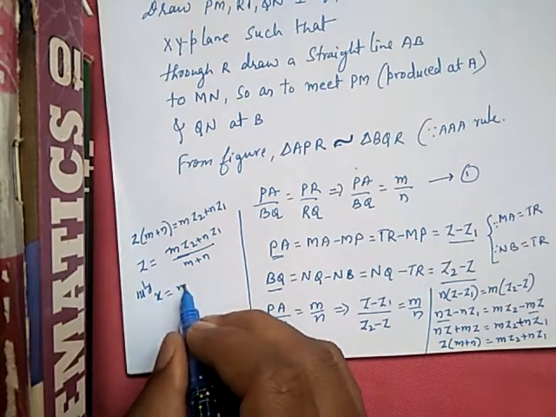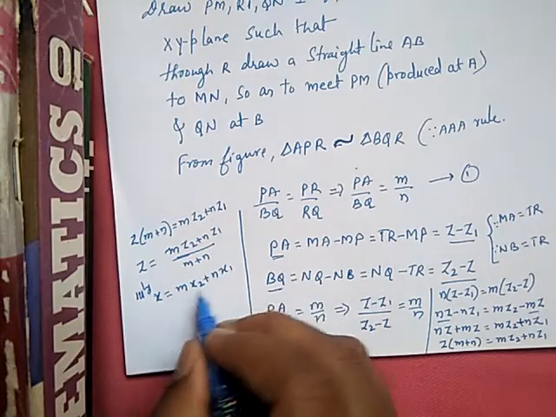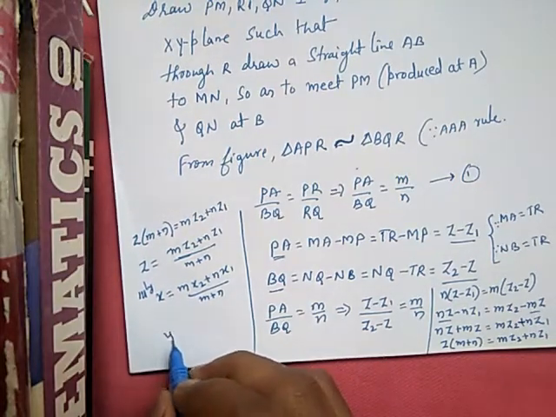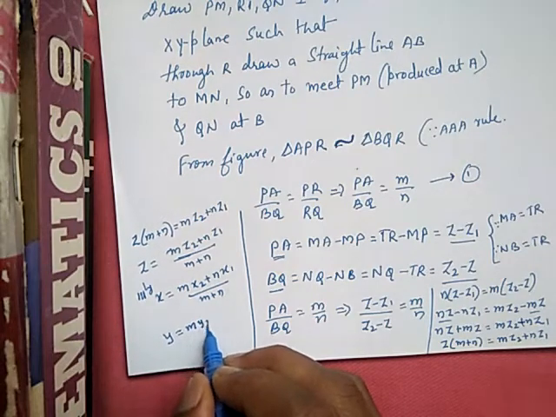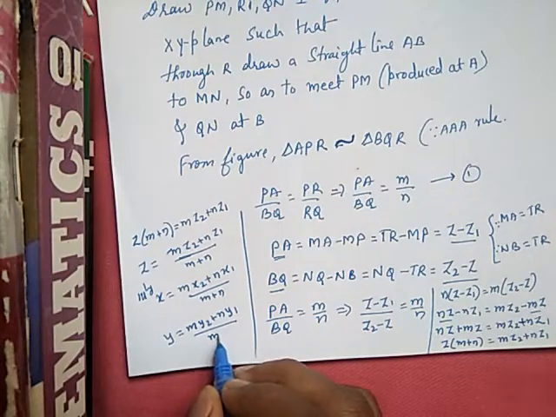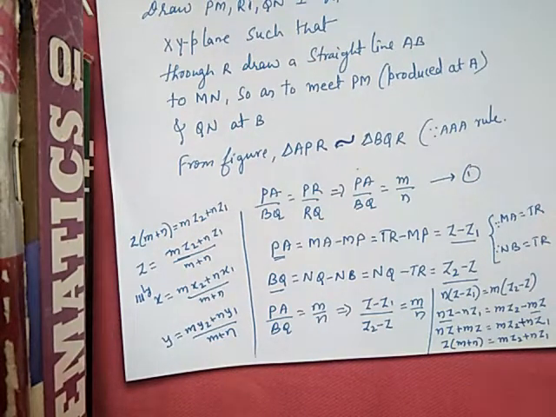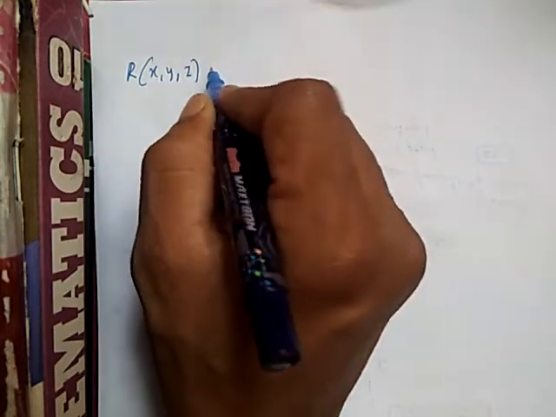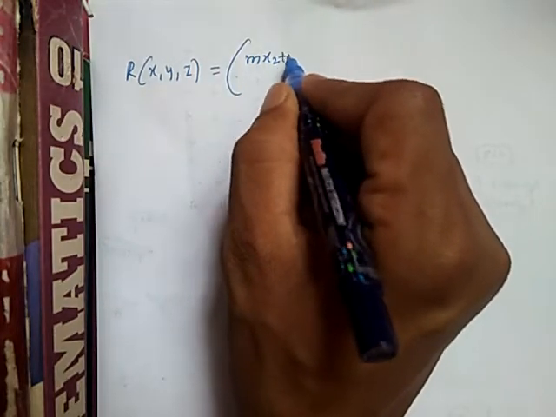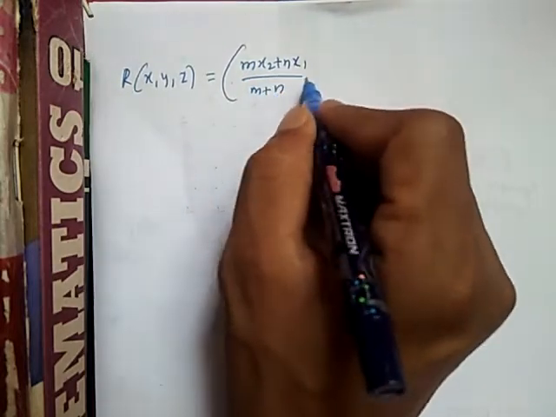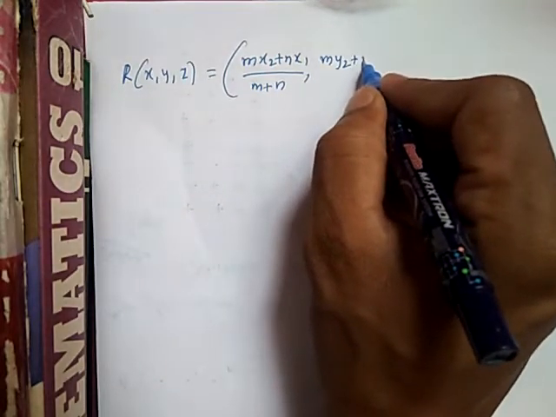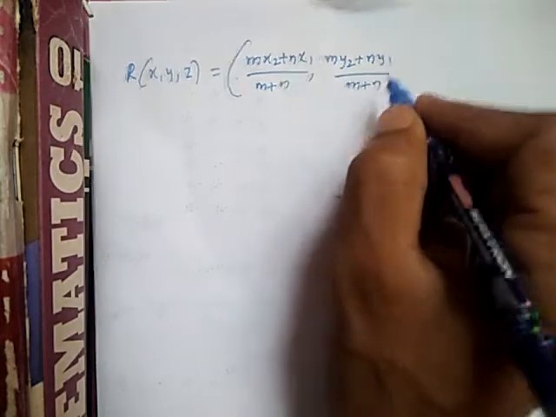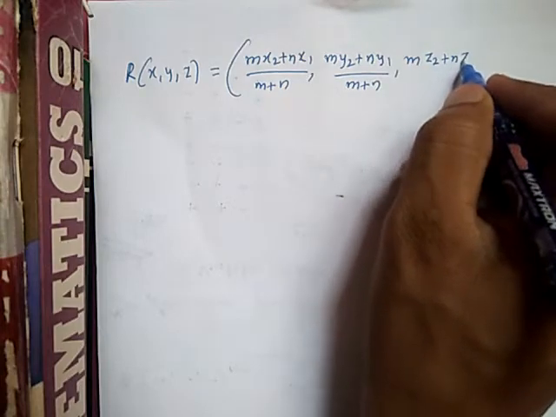X is equal to Mx2 plus Nx1 divided by M plus N, and similarly y you will get My2 plus Ny1 divided by M plus N. If you put this in the section formula, after getting xyz, you can put it in the form R of xyz is equal to Mx2 plus Nx1 divided by M plus N, My2 plus Ny1 divided by M plus N, and Mz2 plus Nz1 divided by M plus N.